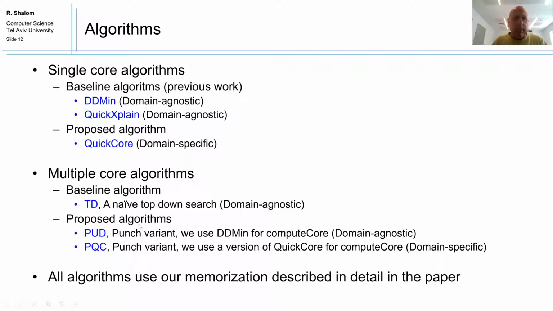PUD and PQC are two versions of punch. The first is with DD-mean as a core computation, and PQC is with QuickCore for the core computation. The first is domain agnostic, the second is domain specific. With all our algorithms, we use the same memoization that we described in detail in the paper, and we won't get into it here.